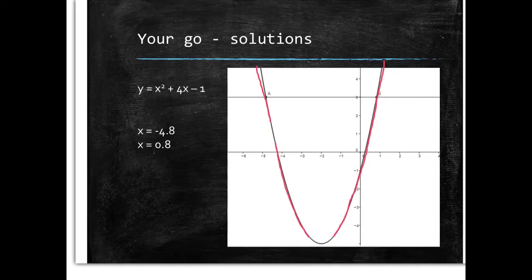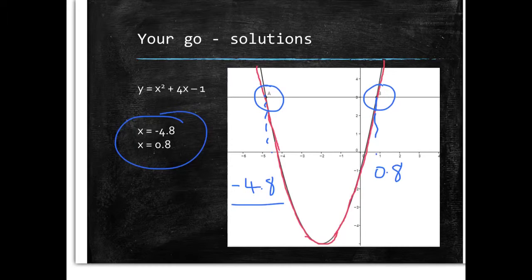You want to keep it nice and smooth all the way along like this. Also check that your solutions for when it equals 3 are something like this. I think that these are going to be around about 0.8 maybe, and this one at about -4.8 I would say is an estimate. We've written them down here, so 0.8 and -4.8 for your solutions.